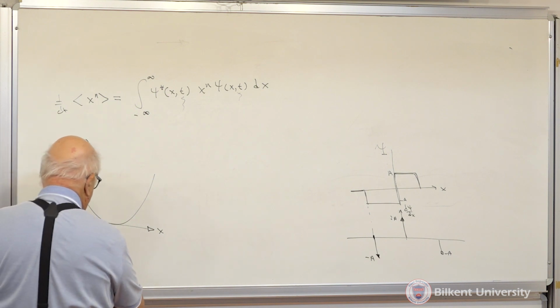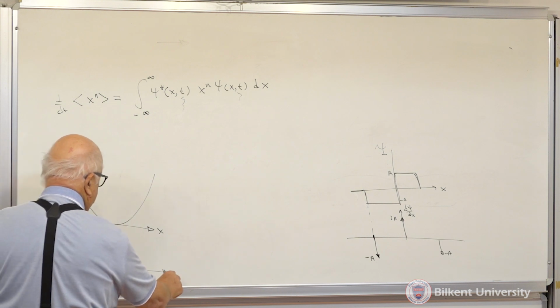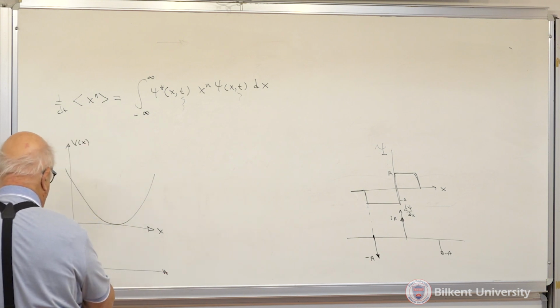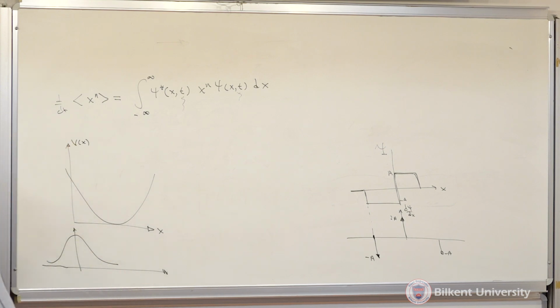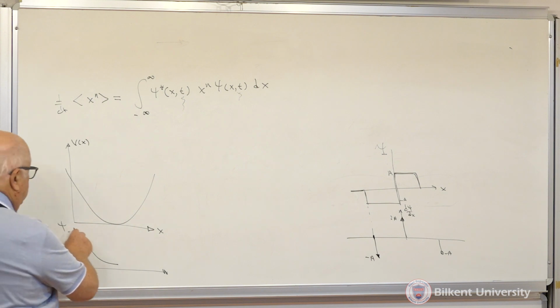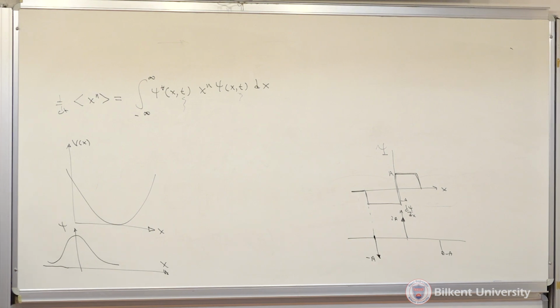Now, suppose I have my initial wave function, the psi at time equal to 0, which looks like that. What would you expect this wave function to do at larger times? Yes. Maybe oscillate between 2 points.